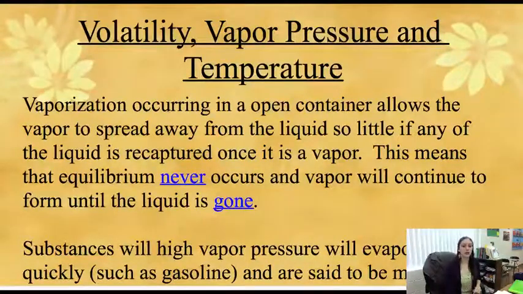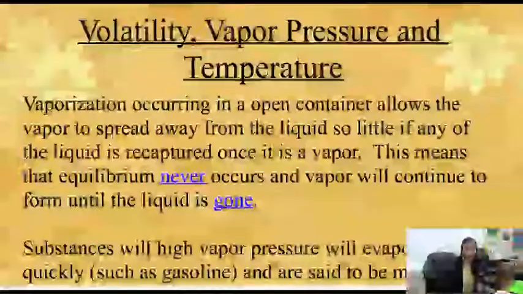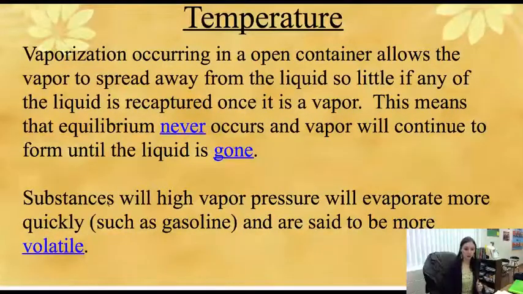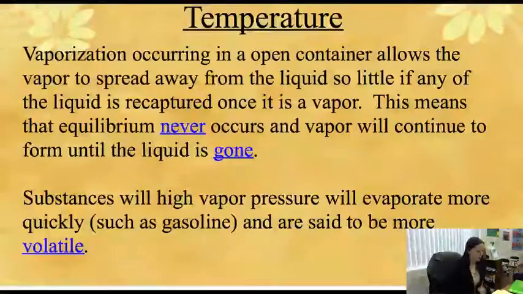Vaporization occurring in an open container allows the vapor to spread away from the liquid, so little, if any, of the liquid is recaptured once it is a vapor. This means that equilibrium never occurs, and vapor will always continue to form until my liquid is gone. Substances with high vapor pressures will evaporate more quickly, and these are called volatile.